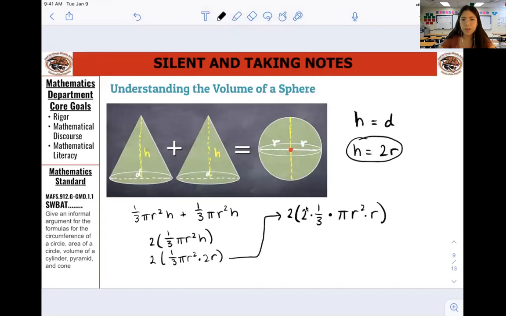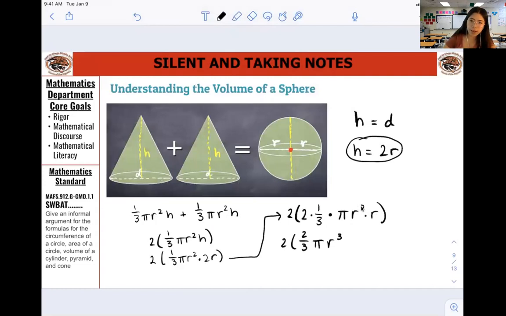Because now what's 2 times 1/3? 2/3. And then what is r squared times r? R cubed.